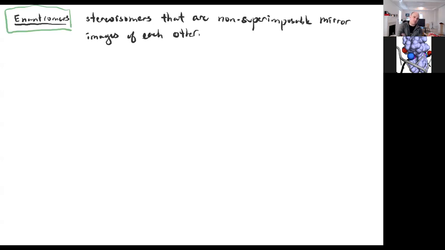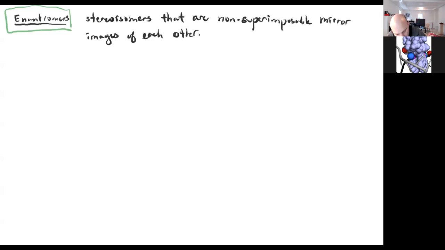So for any molecule, I can draw a mirror image of that molecule. And I know this may seem esoteric. Why are we talking about mirror images all of a sudden? But just bear with me for a second. For any molecule, I can draw a mirror image, okay? And the question is, is that mirror image superimposable on the original molecule or not, okay?